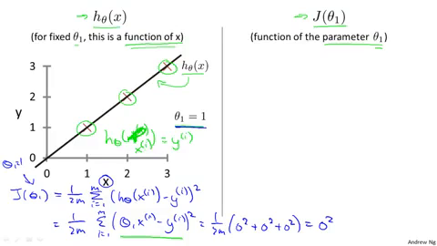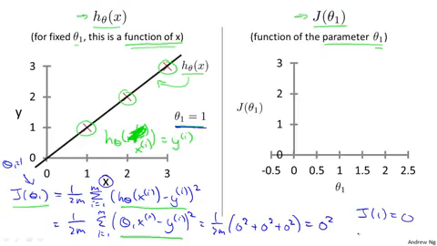And so h of x minus y, each of these terms is equal to 0, which is why I find that J of 1 is equal to 0. So we now know that J of 1 is equal to 0.